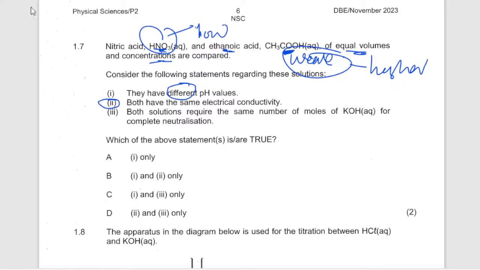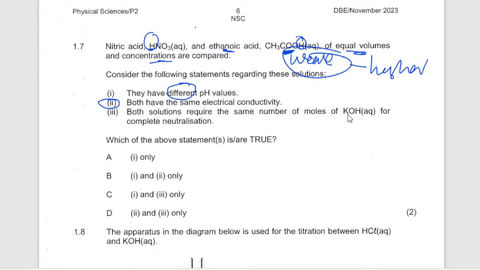Let's see if both of them are monoprotic acids. Yes, if you look at nitric acid here, it has 1 hydrogen. And also if you look at this, it produces 1 hydrogen. So both of them are monoprotic acids. So therefore, it requires the same number of moles. I'm saying not concentration, meaning that the concentration might be different to reach neutralization.